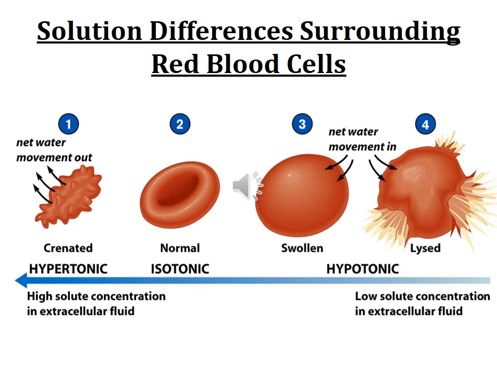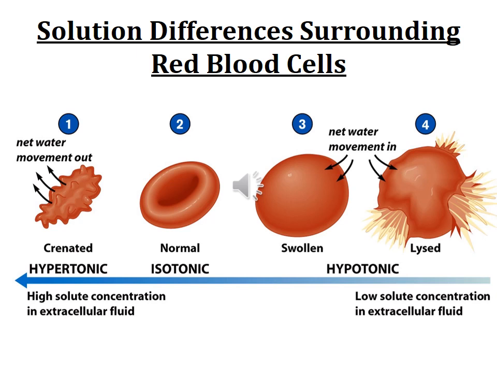Alright, solution differences surrounding red blood cells. So imagine you have a red blood cell, one RBC, one erythrocyte. You put it in a solution. Now, if this solution has the same concentration of solute as inside the RBC, we call this isotonic.